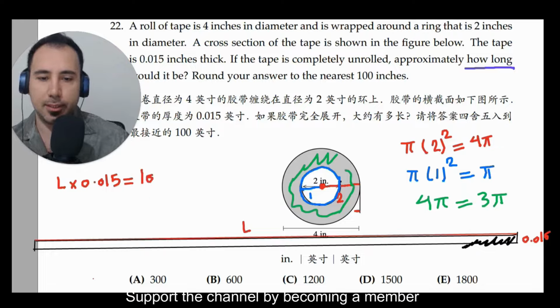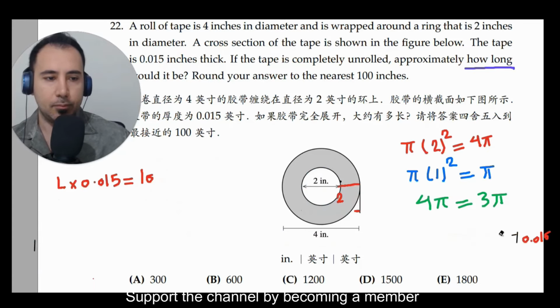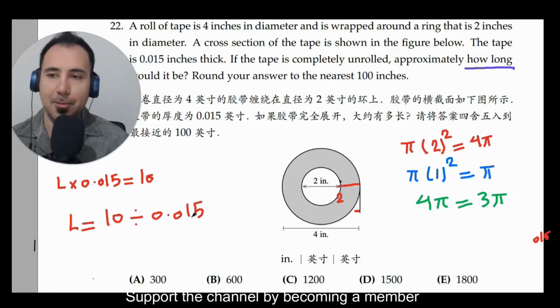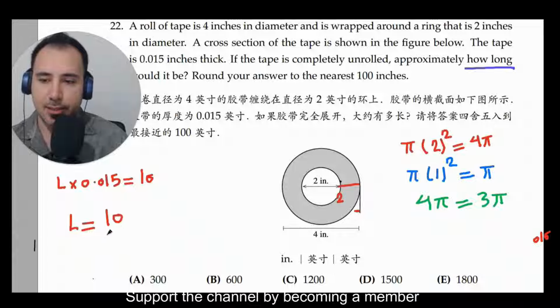So I'm going to go like this. Let me give myself some space here. So L would be 10 divided by this value, 0.015. Or I could also write this as a fraction, 0.015.